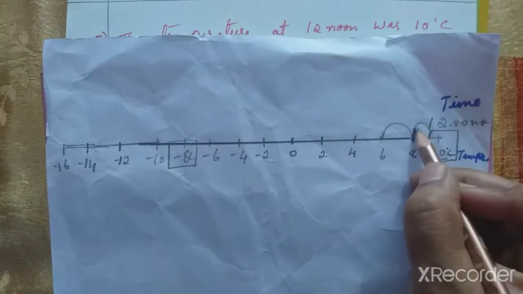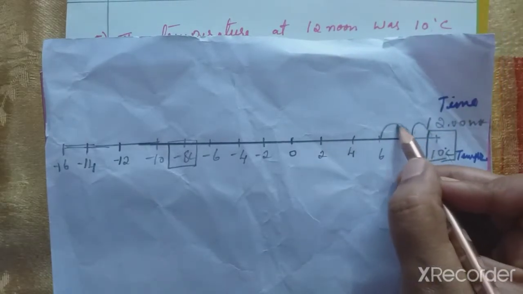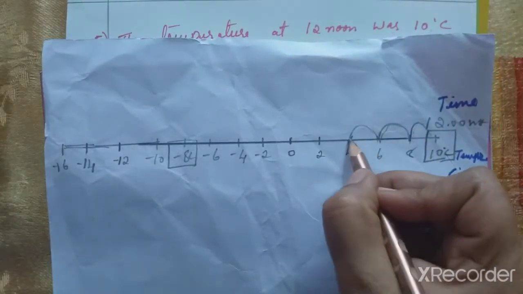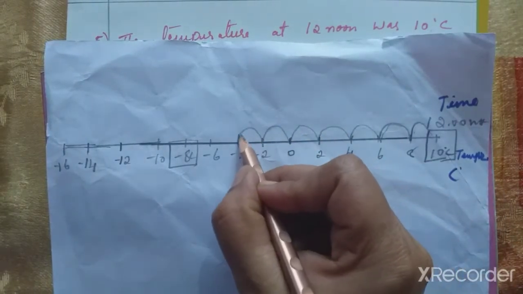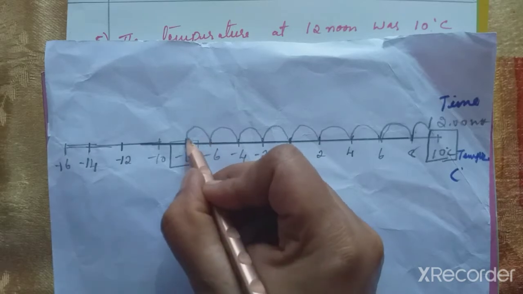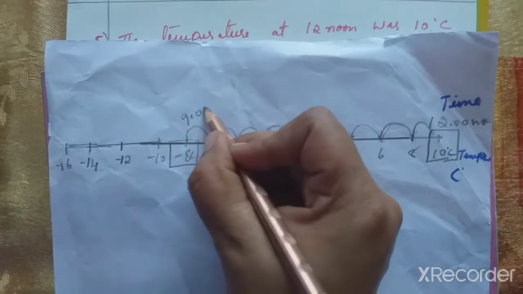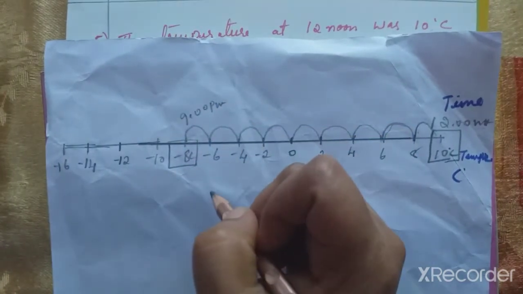So 12, 1, 2, 3, 4, 5, 6, 7 o'clock, 8 o'clock, 9 o'clock. So this is 9 p.m.